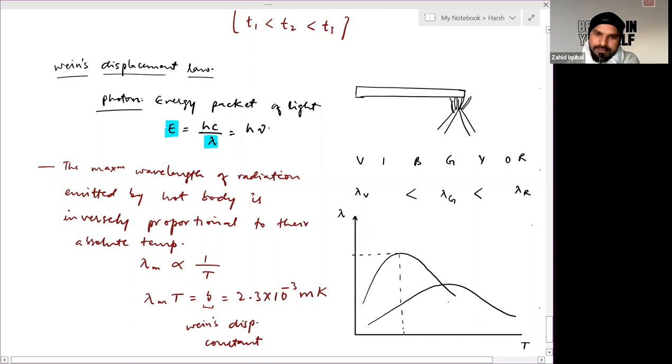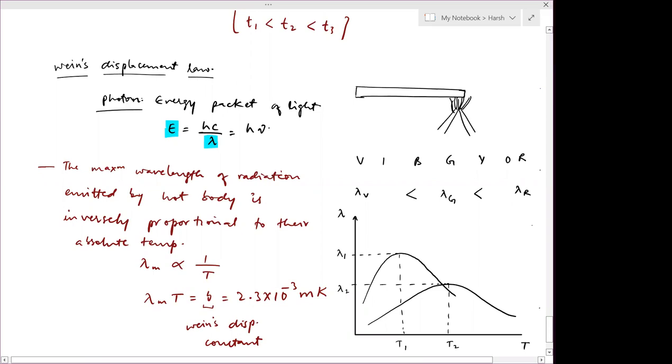On increasing temperature, the maximum wavelength of radiation in the spectrum decreases. Is it clear? Yes, sir. So let's say this is T1, so lambda maximum will be at this point. This is T2, so lambda maximum will be at this point. Just write it down.